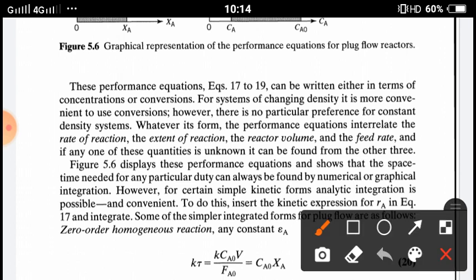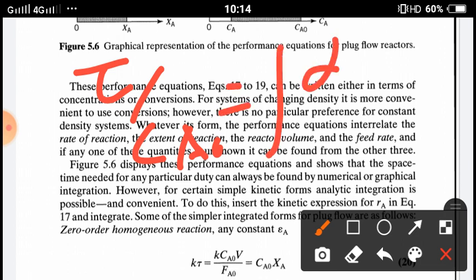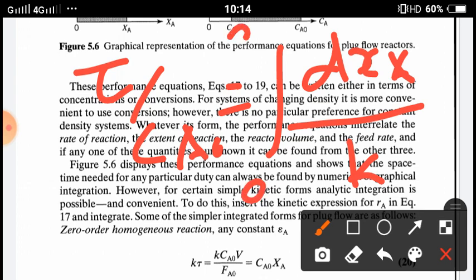So let me write the equation over here. First, tau divided by Ca naught is equal to dXa upon minus Ra, but I will replace the minus Ra with K because right now I am talking about the zero order homogeneous reaction in the case of a CVRS, and my integration is from 0 to XAF.